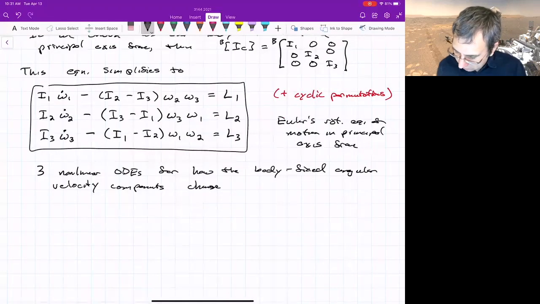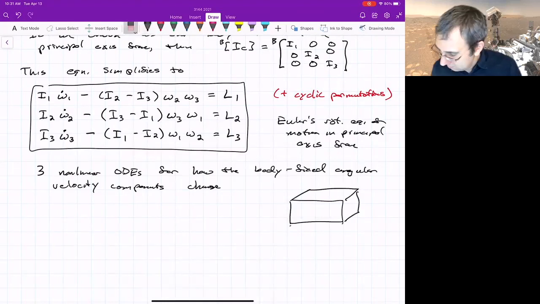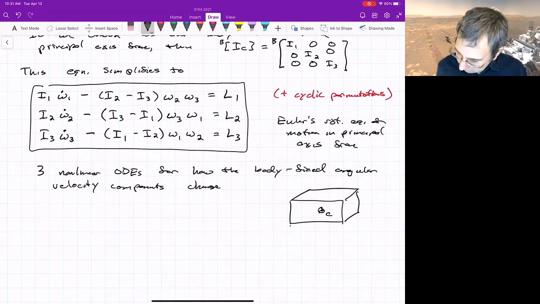You could think of it as, if I were to draw something more engineered, there's our center of mass, and we have an angular velocity written in the body fixed frame, with three components, omega 1, omega 2, omega 3. They'll be changing in time.